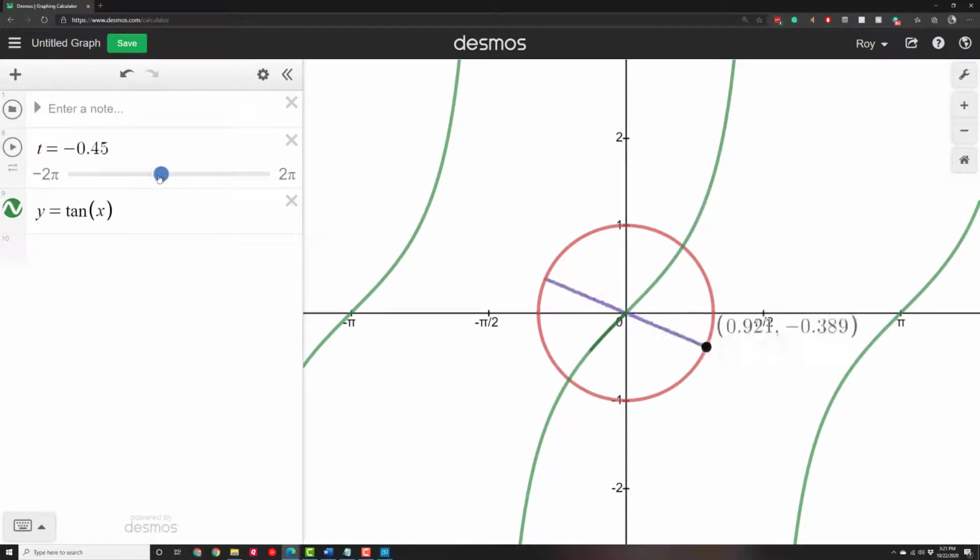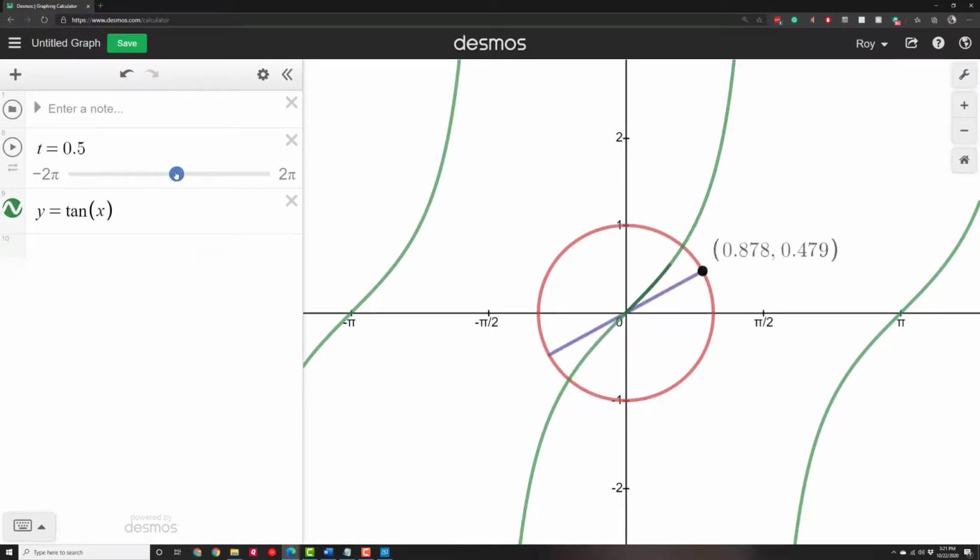This is an angle of pi over 2. Here's an angle of negative pi over 2, where it's almost vertical. Here's an angle of 3 pi over 2. Here's an angle of negative 3 pi over 2 right there. So anyhow, any odd multiple of pi over 2 in the tangent's going to have issues.